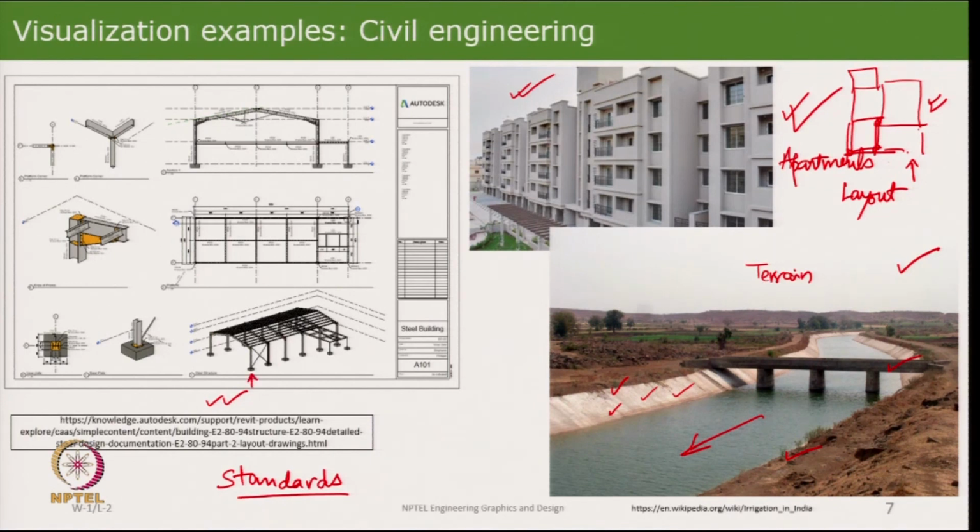Ventilation, lighting, everything is worked out in detail, and only then, after checking and rechecking the drawings, does it go for fabrication and installation. So, that is an example of a structural drawing. And this happens to be a steel structure, whereas the apartment block is an example of a concrete structure.